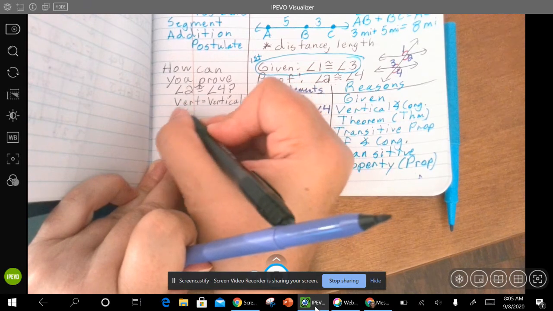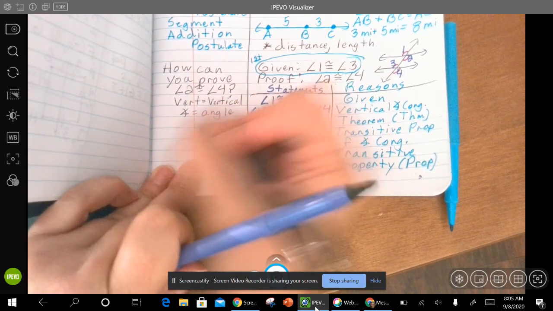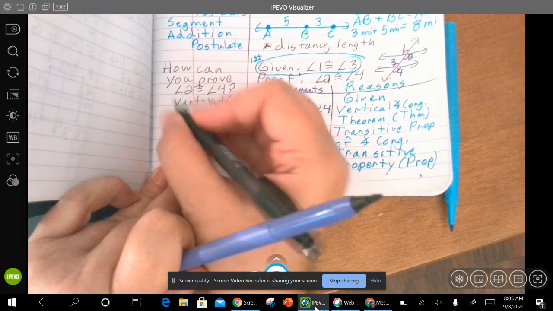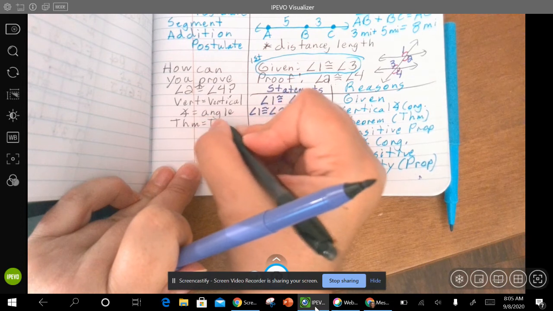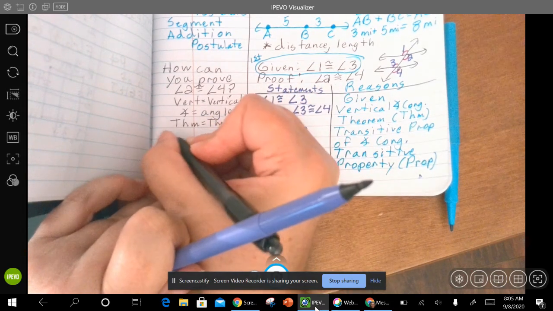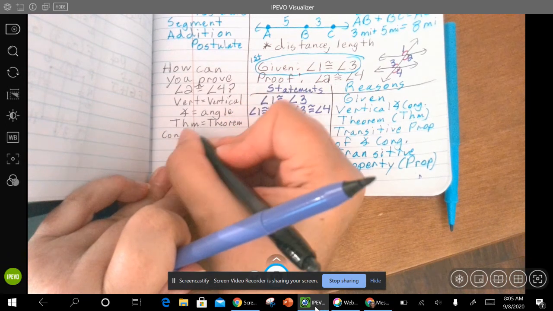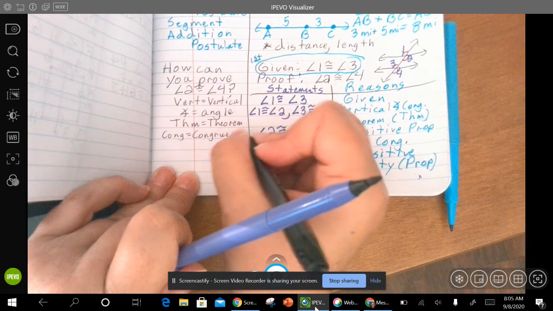Everybody, this is our angle symbol. And THM, everybody, is theorem. And then CONG, everybody, is our abbreviation for congruence.